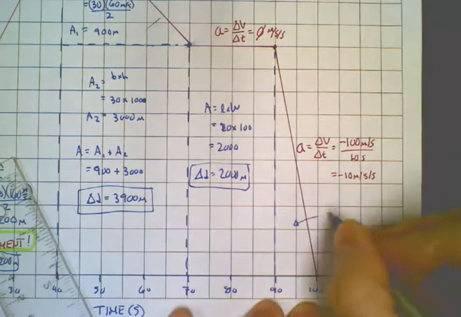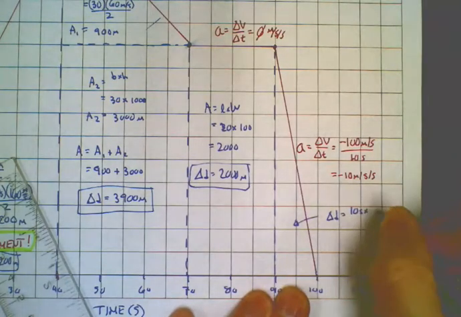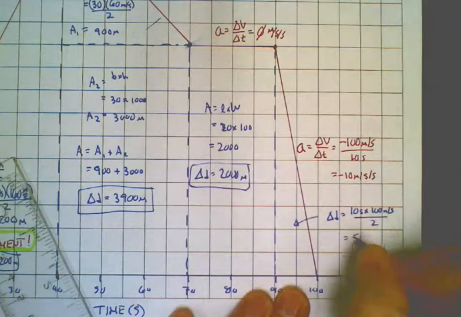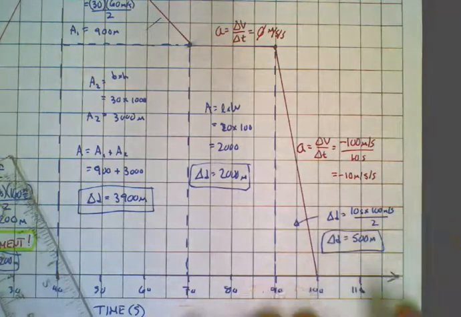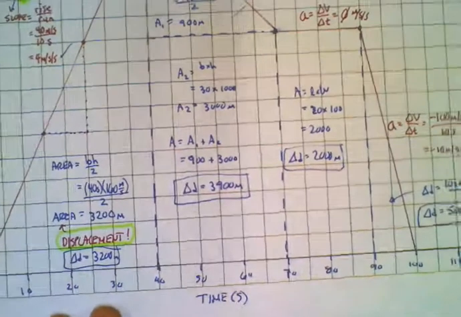The distance it travels is the area of a triangle, so it's the base, which is 10 seconds, times the height, which is 100 meters per second, divided by 2. So we just go 100 times 10, that's 1,000, divided by 2 is 500 meters. So if you add up this distance, this distance, this distance, and this distance, that tells you the total distance that they traveled.